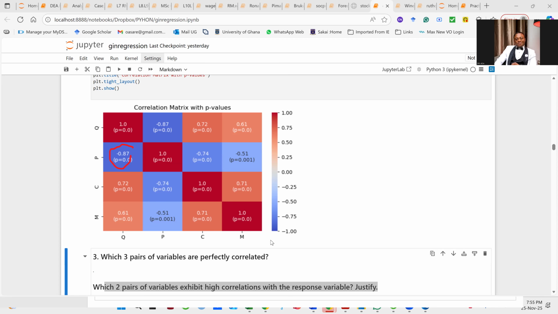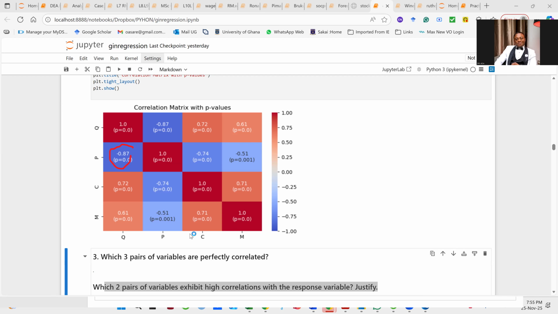So looking at your matrix you are seeing here, which two independent variables are highly correlated by looking at their correlation coefficient? Which two independent variables?